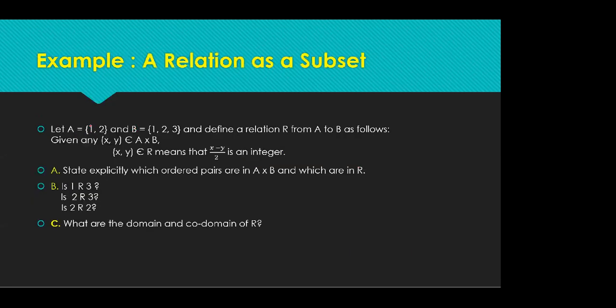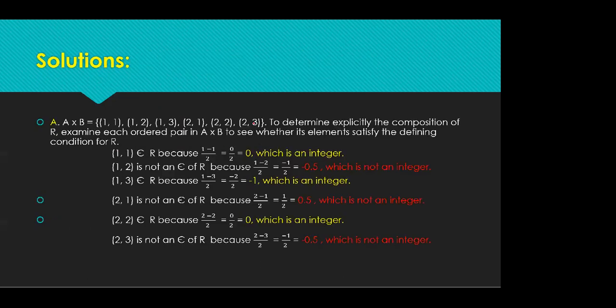From here, guys, this is set A, set B. So 1, 1, 1, 2, 1, 3, then 2, 1, 2, 2, 2, 3. Gets this one for the Cartesian product? Yes, sir. So first, you have to do the Cartesian product of the two sets.